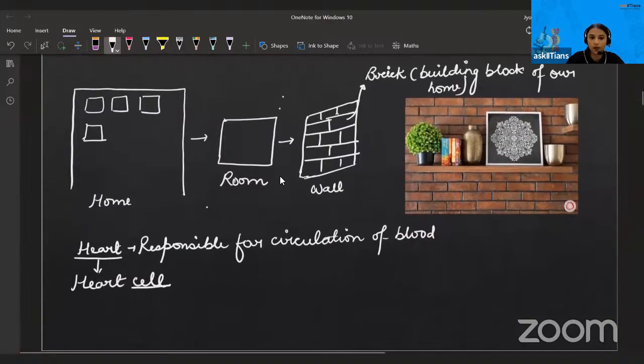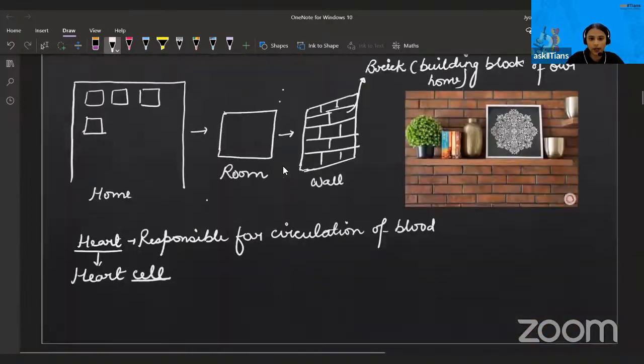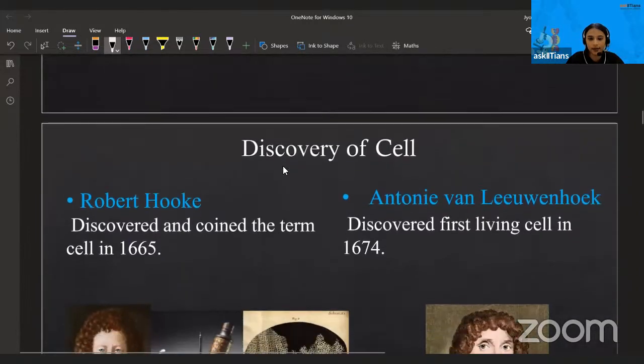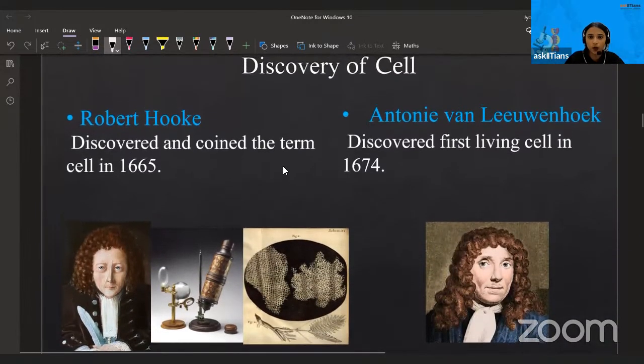Now we know about the cell. Let's move on to the next topic, that is discovery. So who discovered the cell? The first time, Robert Hooke discovered the cell. How? He took a thin slice of cork. Now what is cork? The cork is the outer covering of the bark.